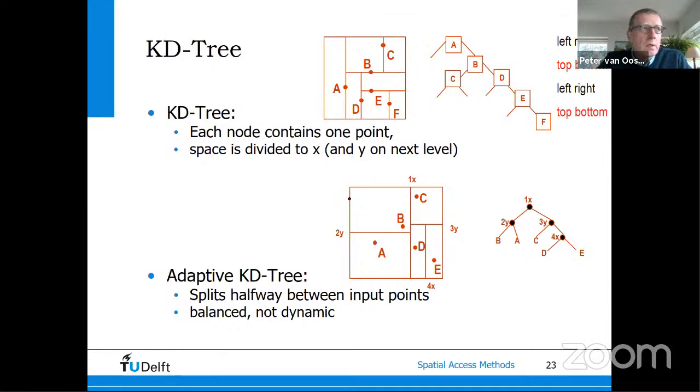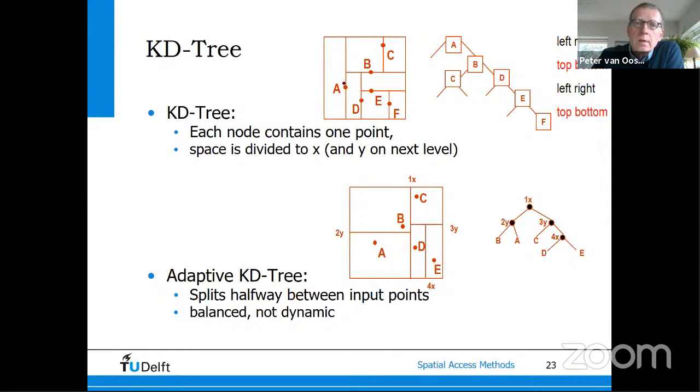So the Quadtree is not a binary tree because it is splitting into 4 parts at every node, at every level. But KD tree does a split into 2 parts. And it does it by alternating splits in the horizontal and splits in the vertical direction.